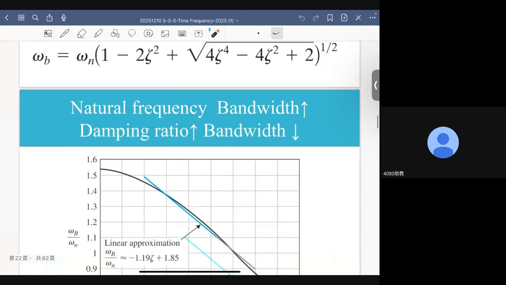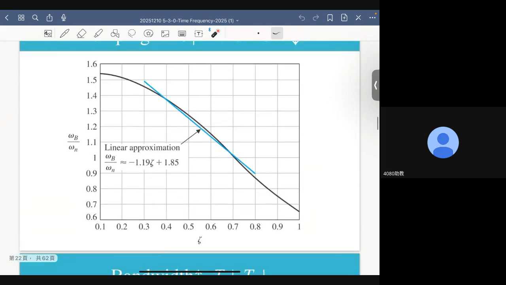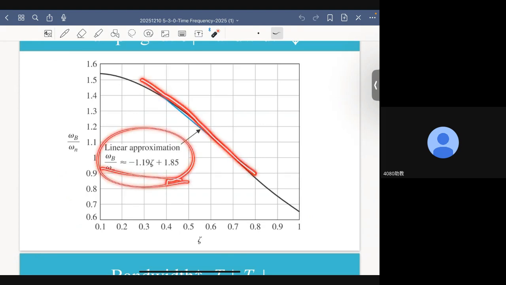Since this representation is mathematically too complex for us to visualize, to simplify the problem, someone has come up with a linear approximation, which is this blue curve.